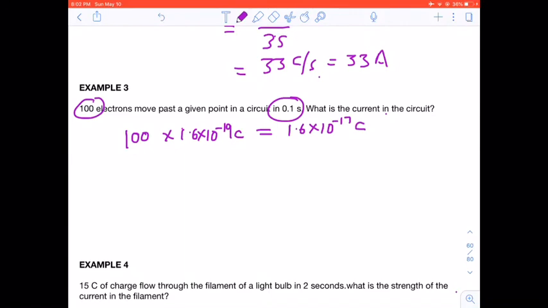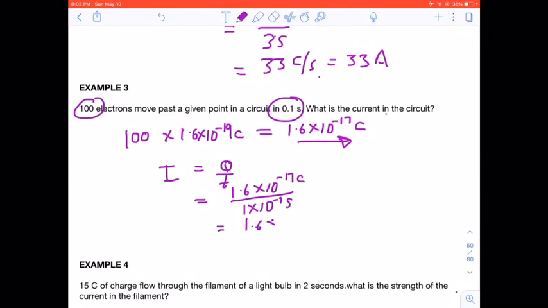And if we want to now know the current, I is equal to Q upon T, which is equal to 1.6 times 10 to the minus 17 coulombs, all upon 1 times 10 to the minus 1 second, which gives us 1.6 times 10 to the minus 16 amps.